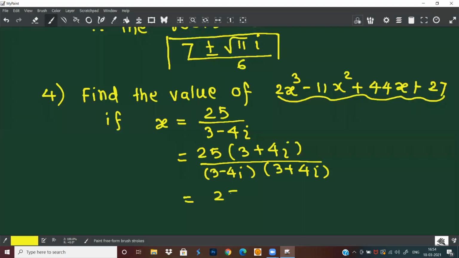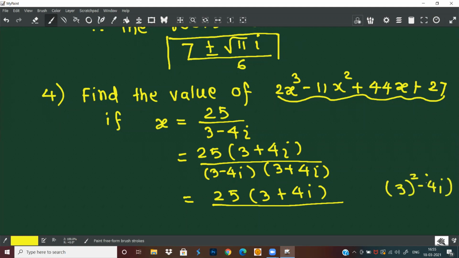So this is 25 into 3 plus 4i. a minus b into a plus b is first square minus second square. Denominator: 9 minus 16i square, so 9 minus 16 into minus 1. That directly comes to 25. So this cancels with this.